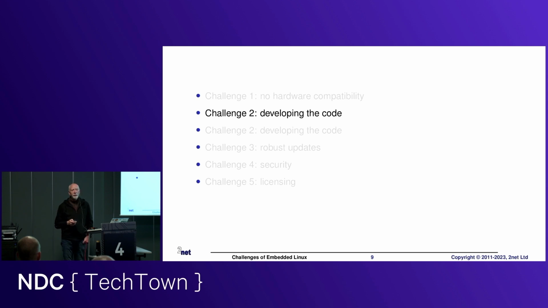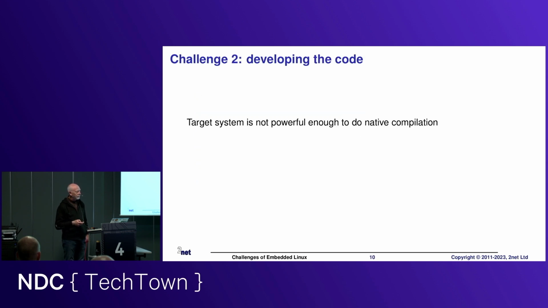So let's look at developing the code. First, an obvious thing to say is that you can't do native compilation on your typical device. You can just about do this on a Raspberry Pi, but generally speaking, the target devices are locked down. They don't have the power to actually compile anything.